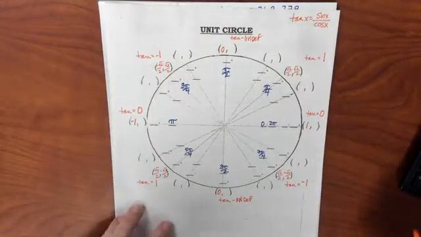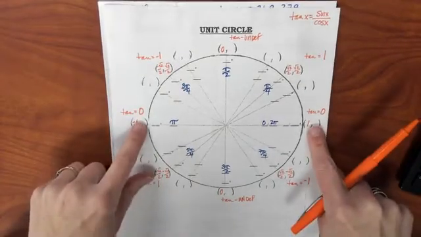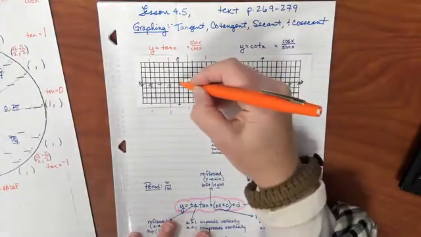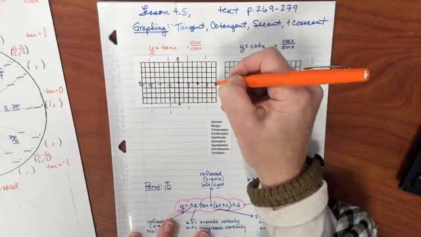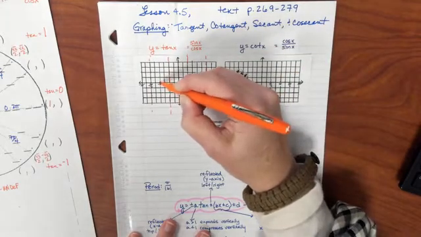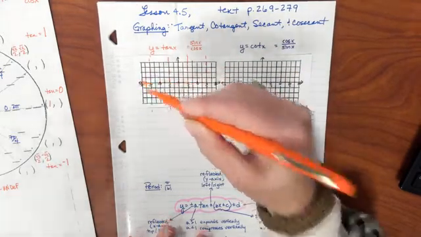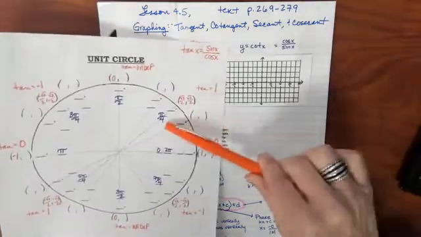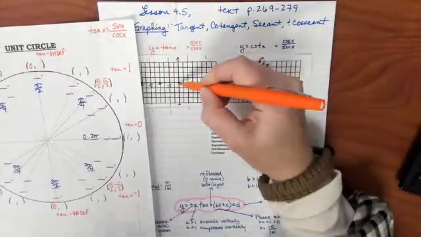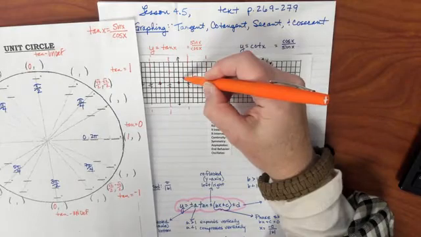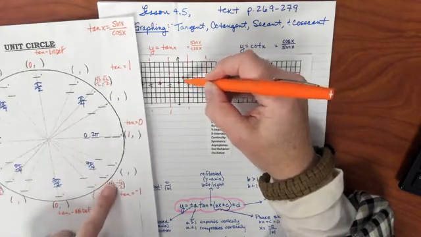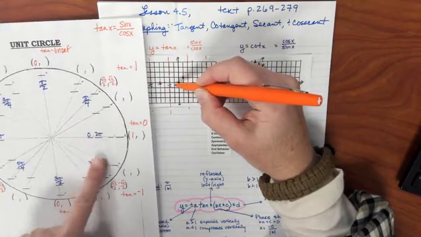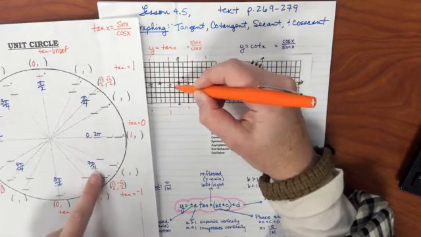Well, when you draw that, remember we're going to have zeros at the pi values, so it's 0 here, 0 here, but then it was 1 at pi over 4 right here, and it's negative 1 at negative pi over 4 or 7 pi over 4 down here.